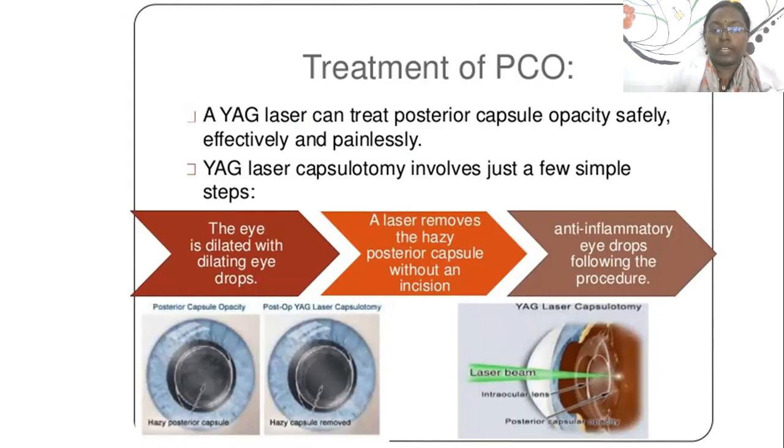Here the pupil is dilated using tropicamide, and then the Nd:YAG laser is given in a cruciate form, opening the posterior capsule, which improves the vision of the patient post procedure.